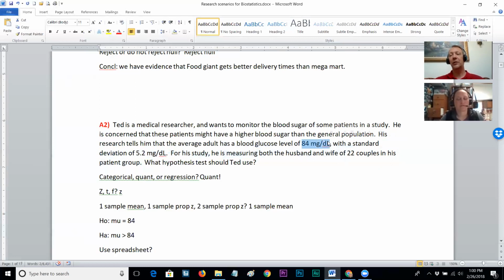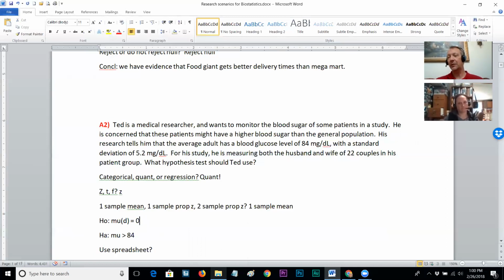Because we actually have specific numbers here, 84, that's another clue that you're going to set your null hypothesis to a specific value. If it was a husband and wife, 22 couples, instead of doing this, I would say mu sub D equals 0, because we're going to say there's no difference.